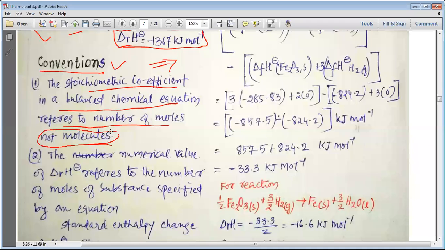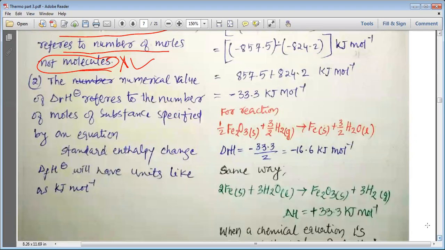Please remember. So whenever we write a thermochemical equation, the stoichiometric coefficient always represents the number of moles and never represents the number of molecules, because the enthalpy change we write as kilojoule per mole in that unit. So in a thermochemical equation, all the stoichiometric coefficients represent only the number of moles.